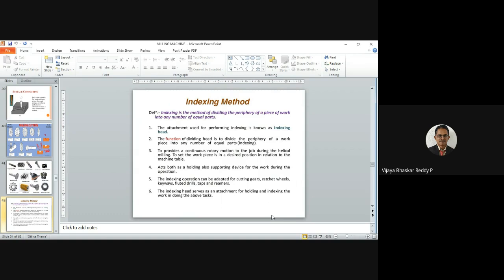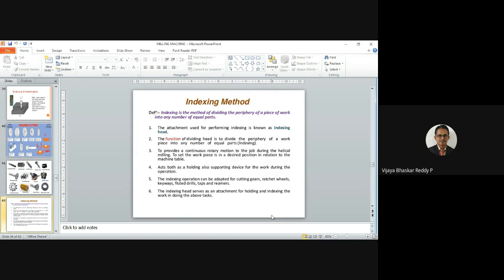Based on that, the cutting process can generate proper slots, either splines or the gear cutting process. It acts as both a holding and supporting device for the work during the operations. The indexing operations can be adapted for cutting gears, ratchet wheels, keyways, fluted drills, taps and reamers. The indexing head serves as an attachment for holding and indexing.